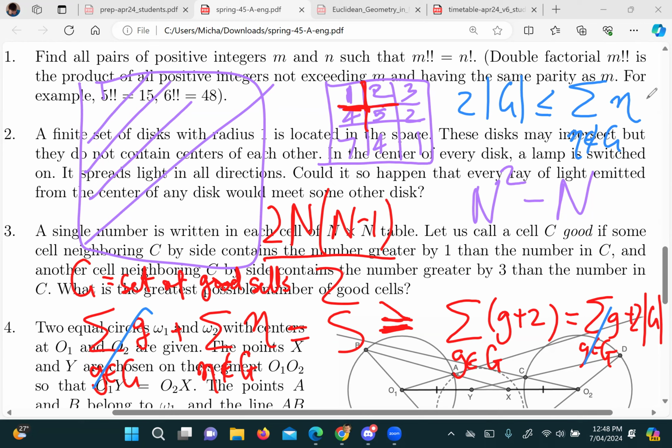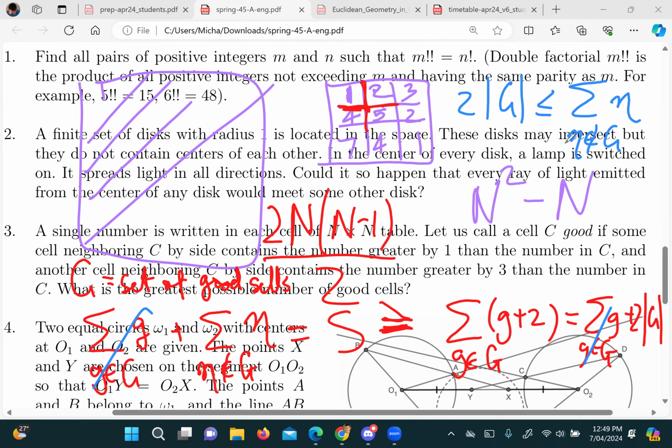The second thing is, I guess it's nice to note that the equality case of this happens, for example, here. Like if you add 3, 5, and 7, you don't get that here.